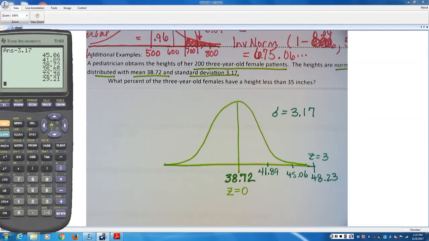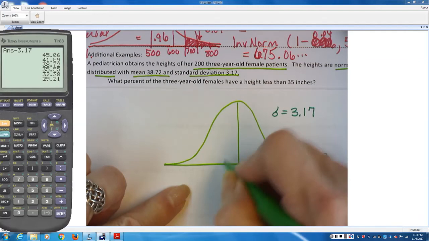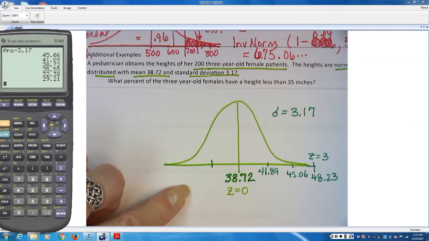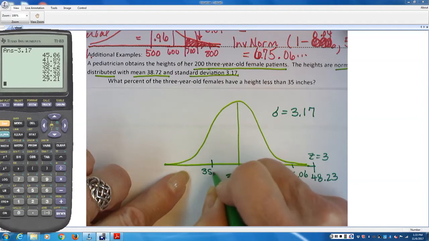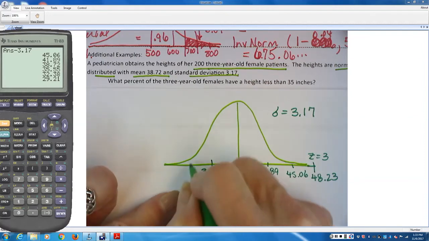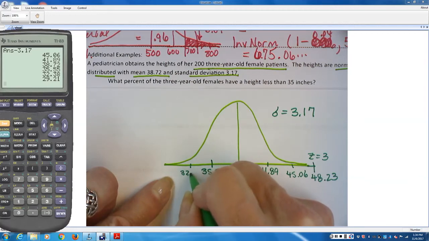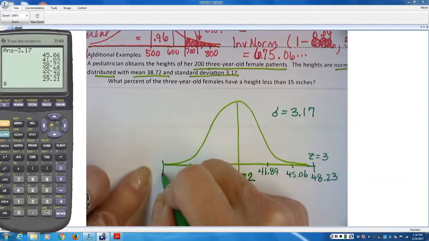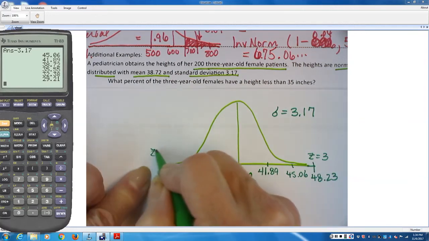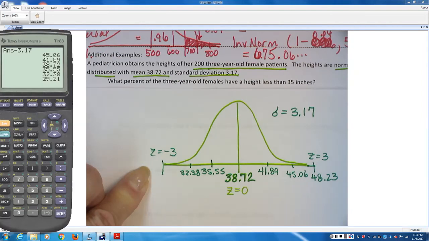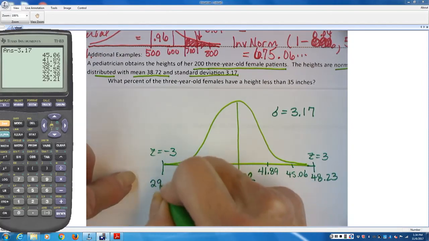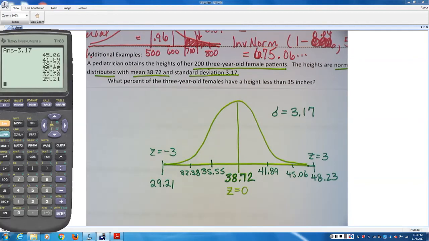All I have to do is keep hitting enter. So one standard deviation below is 35.55. Two standard deviations below is 32.38. And three standard deviations below, where z is equal to -3, is 29.21. So there the whole curve is labeled in.